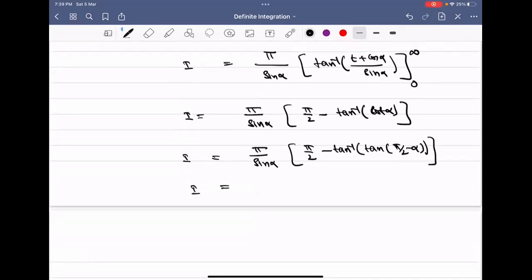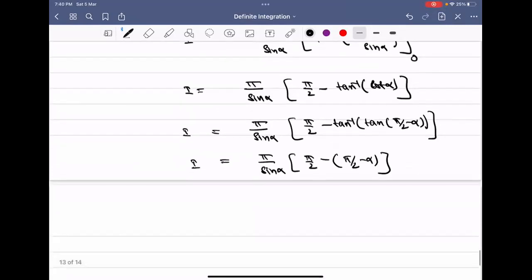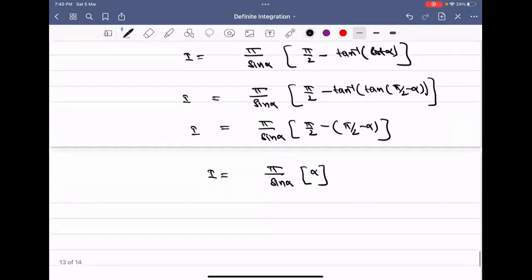So therefore I is equal to pi over sin alpha into pi by 2 minus, pi by 2 minus alpha, which is equal to pi by sin alpha into alpha. So finally the answer is I equals pi alpha over sin alpha. So this is the final answer.